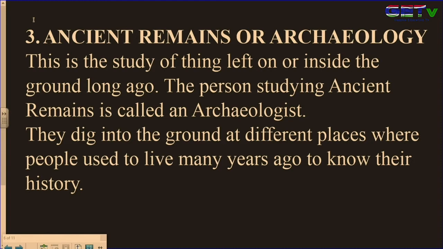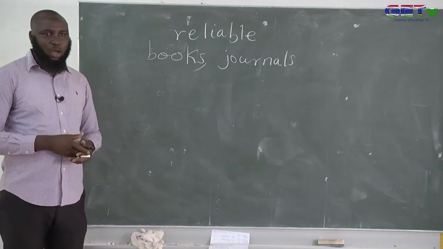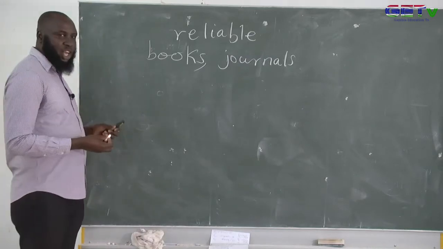Not only what is written on the papers, what we are told can only be history, but even what is left behind, what is even in the ground. By digging the ground, you will be able to get some information about the past. The person studying ancient remains is called an archaeologist.